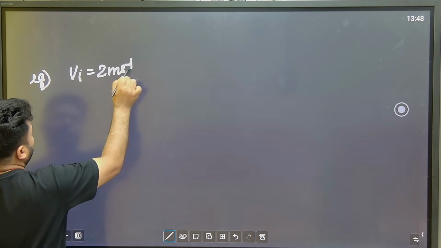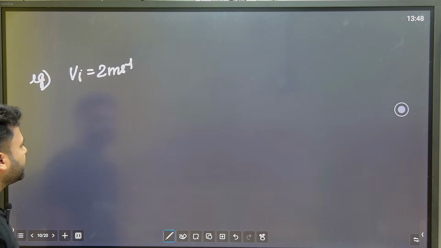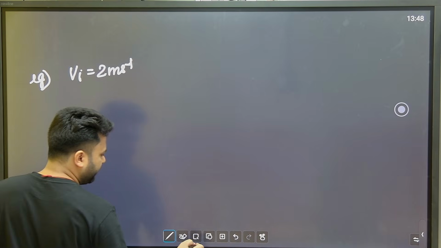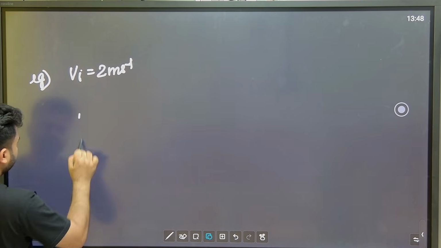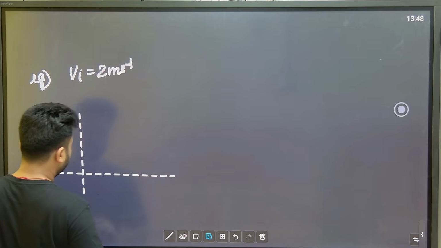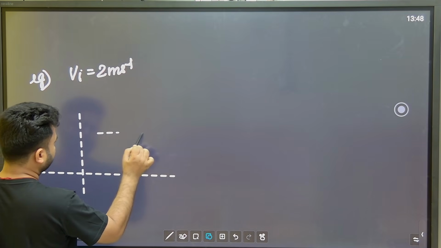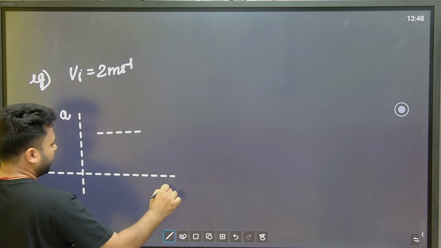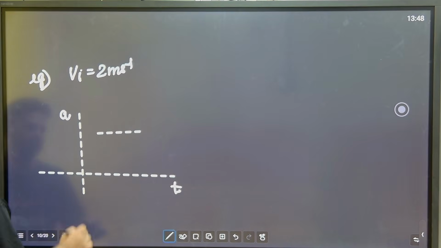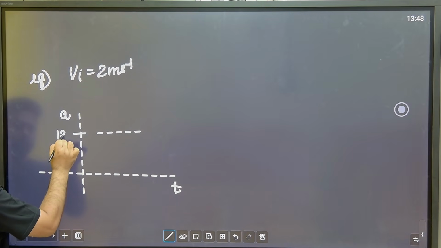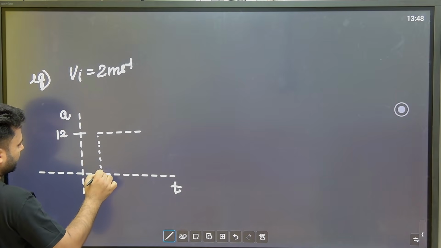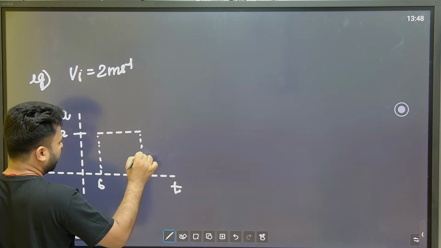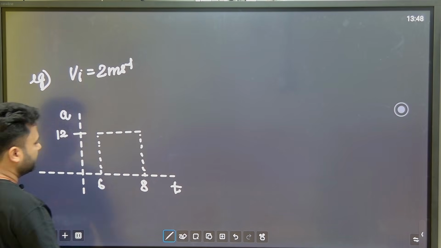There is one object whose initial velocity is 2 meter per second, and they have given one graph. This is the graph, the AT graph, acceleration versus time graph. This is 12. This is 6. This is 8.